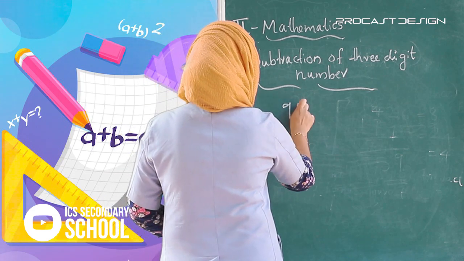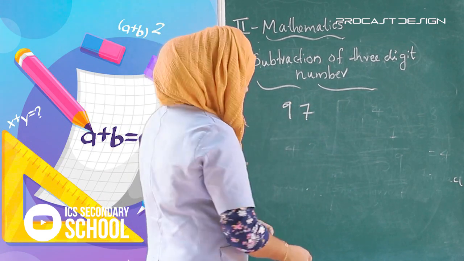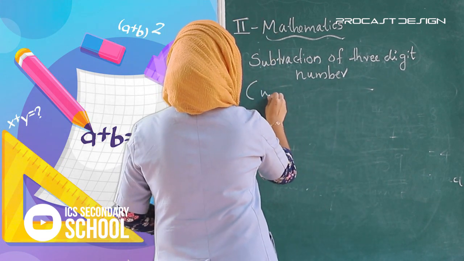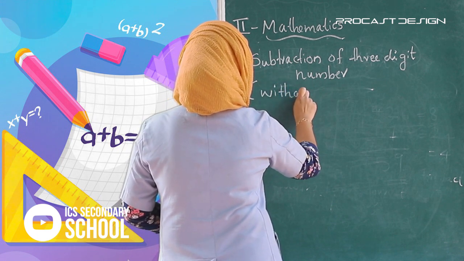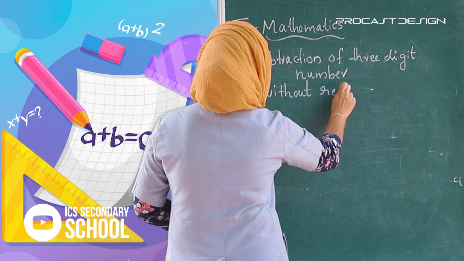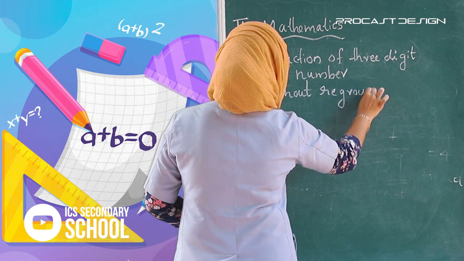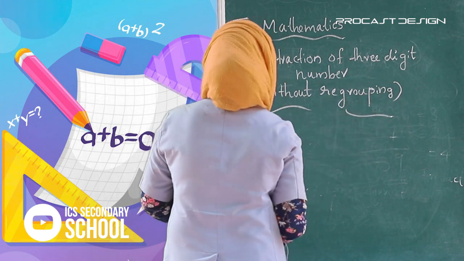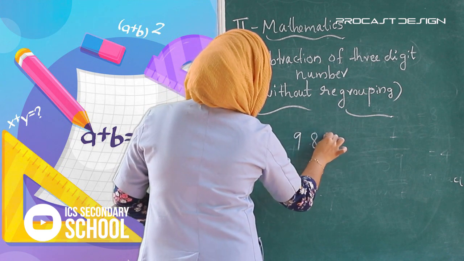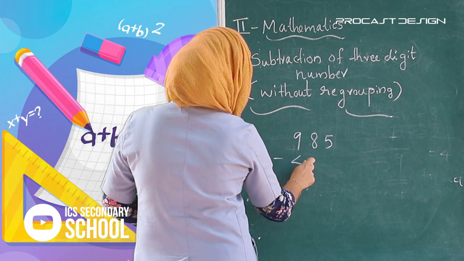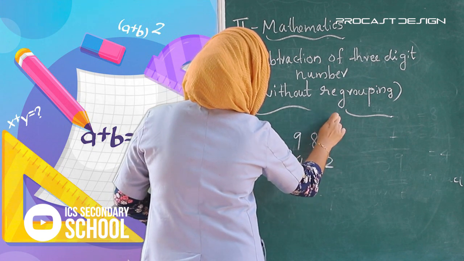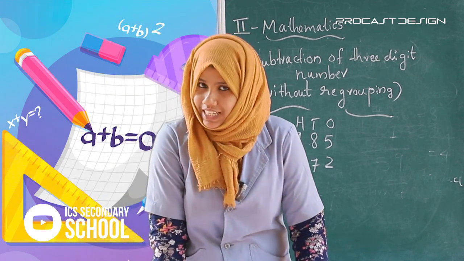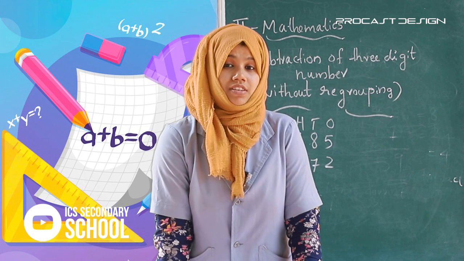So, here, without regrouping, 3-digit means the 3-digit numbers we already learned about, the number names and their expanded form.